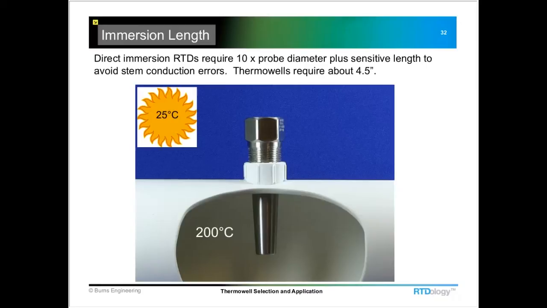And that's just kind of a generic statement in most fluids. In air temperature, that's going to be probably off by a factor of 10. But for Thermowell applications, we need about 4 to 4.5 inches of immersion to overcome most stem conduction issues.